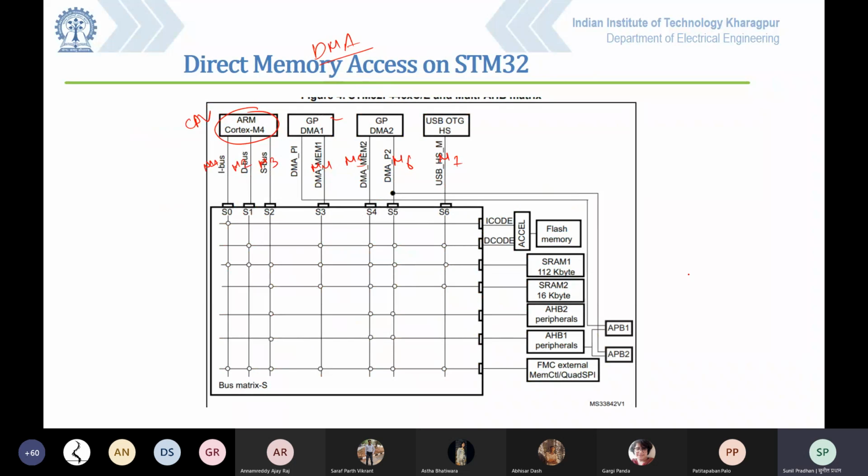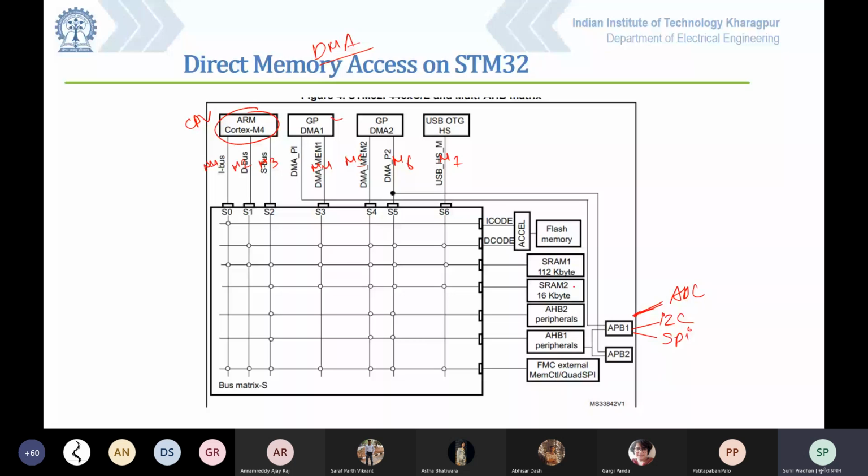So let us understand how this DMA is working. Like I told, in many microcontrollers the ADC is already inbuilt. So assume that my ADC is already tied to this APB1. If it is not, and we are going for some other microcontroller in which the ADC is not there and we are interfacing it externally, then we can connect it through I2C, or we can interface it through SPI.